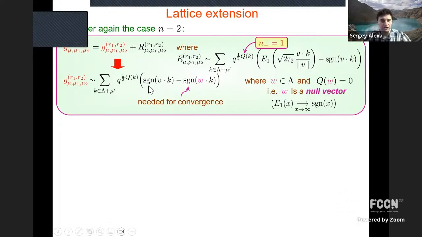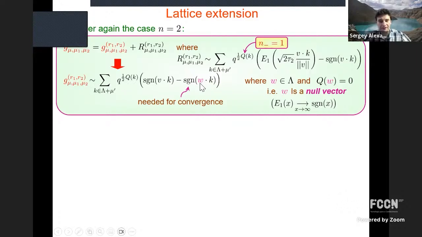But the problem is, if you have just one sign, it does not provide convergence. To have something convergent, you have to have a difference of two sign functions. So we must insert a second sign. But this sign would spoil modularity. And we cannot replace it by an error function because our function must be holomorphic.